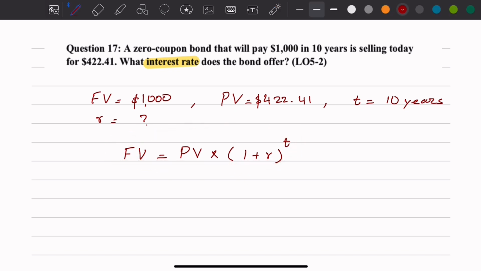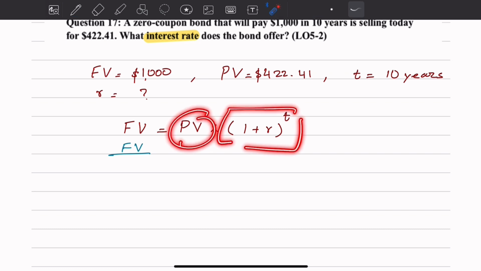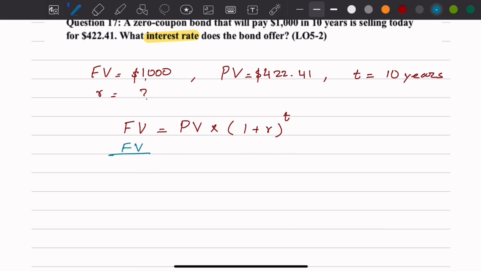How do we do this? First, set the present value to the other side. Because it's multiplied by this term, we put it in the denominator, so we divide future value by present value. What we have on this side is what's in the brackets, 1 plus r to the power of t.